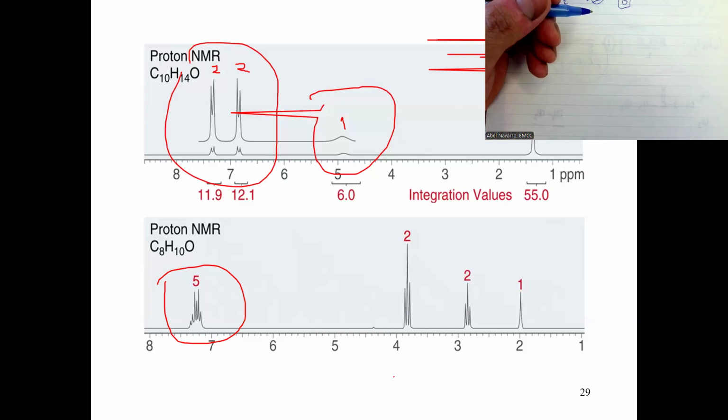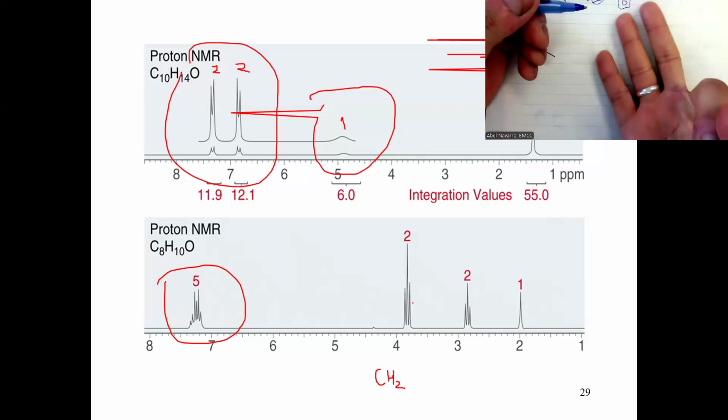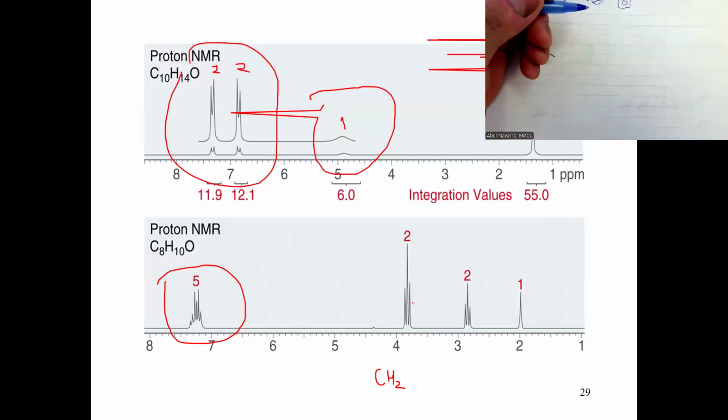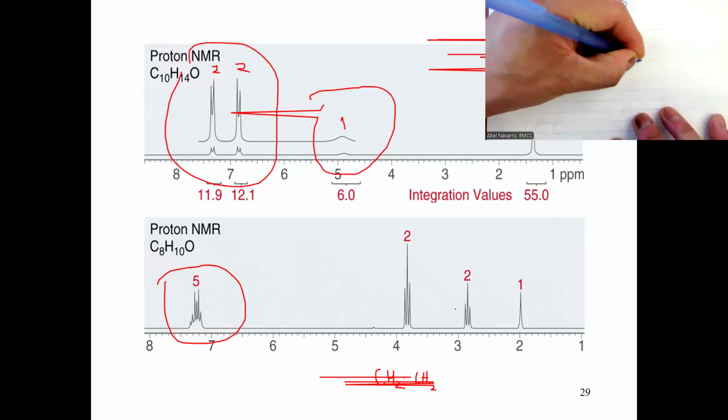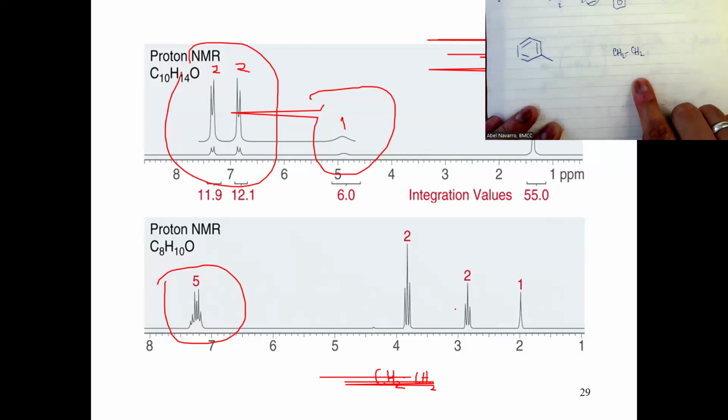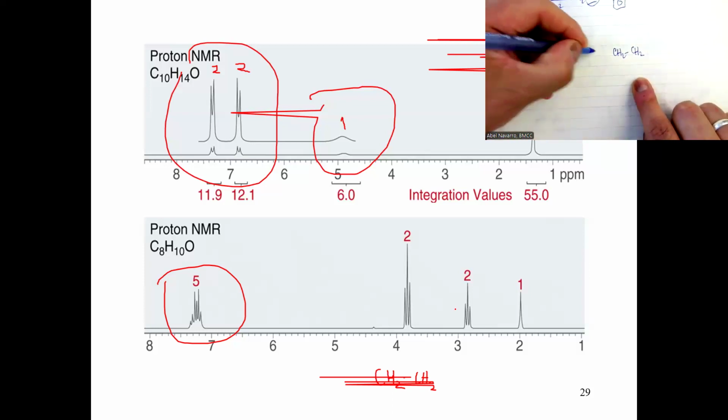Because the integration is 2. So it should be a CH2. This one, it's a triplet. What does that mean? Triplet, minus 1, 2. That means that CH2 is next to another CH2. Oh, I can't write here. All right, so it's a CH2 next to another CH2. That's the peak at about 4 ppm, right?